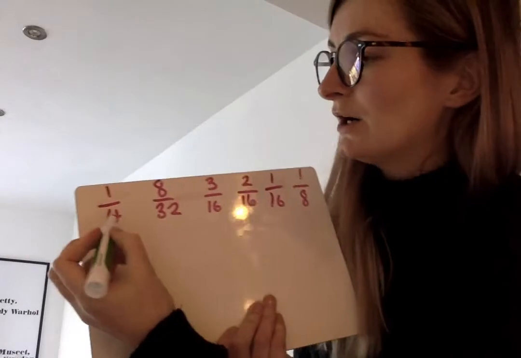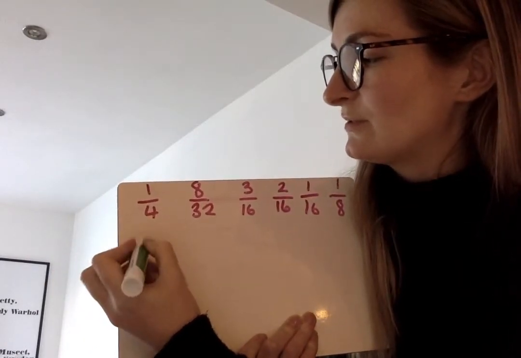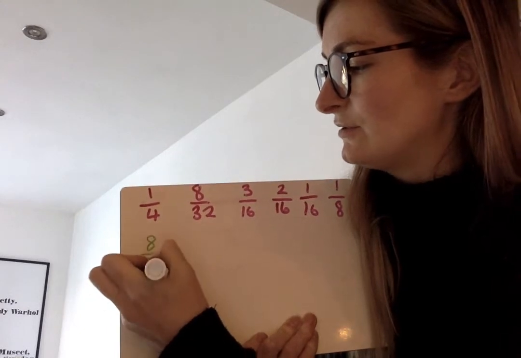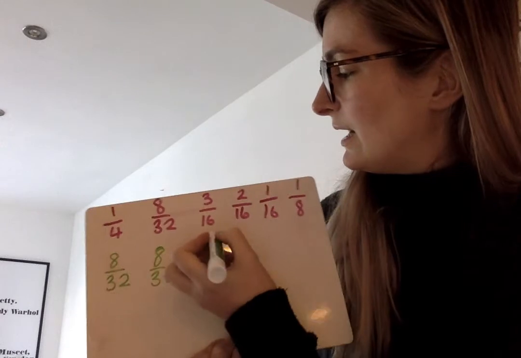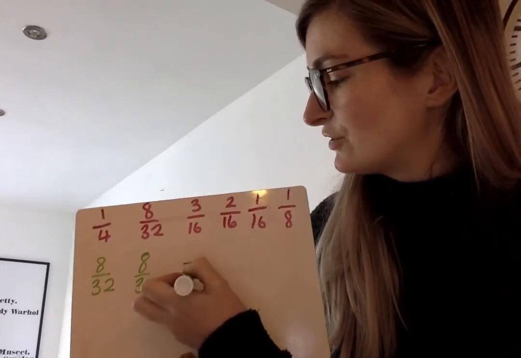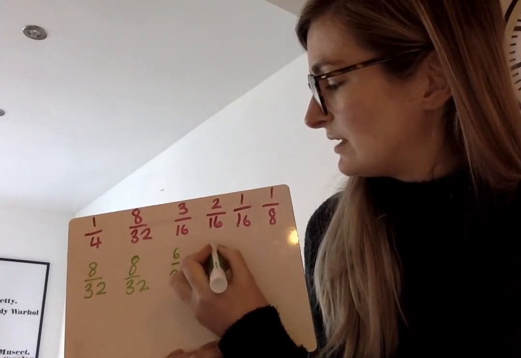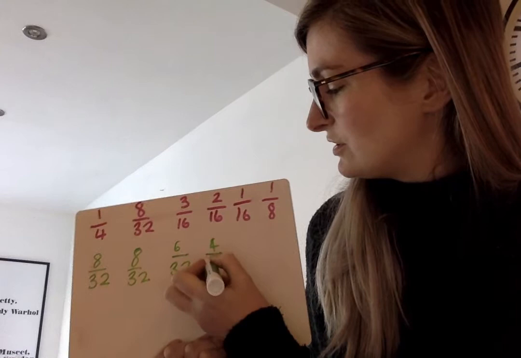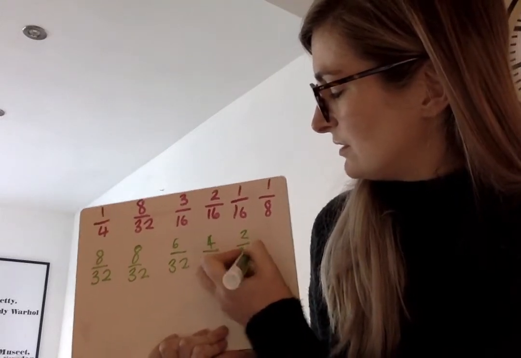Okay, so 1/4 in 32s. 4 into 32 is times 8, so it's 8/32s. This one is already an 8/32s. 3/16 is times 2, so 3 times 2 is 6. 2/16 is 4/32s. 1/16 is 2/32s.